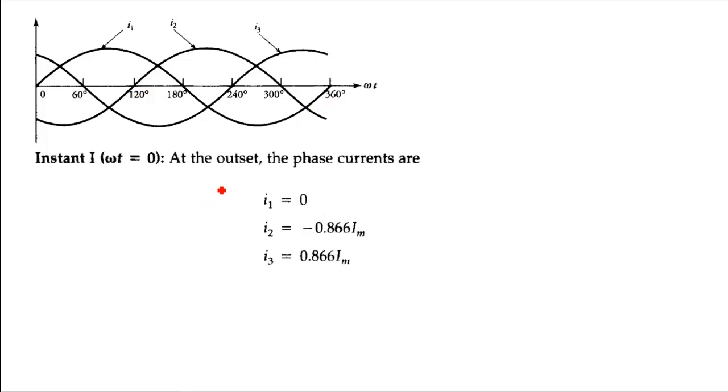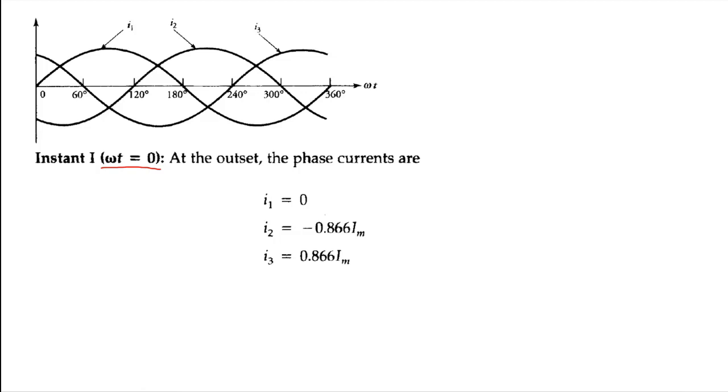So now let us consider one instant, and at that instant let us find the resultant flux. Let us consider instant 1, that is, at omega t equal to 0. At that point, I will evaluate the resultant flux.